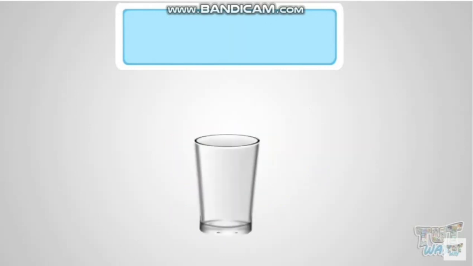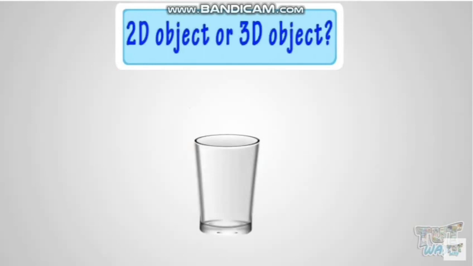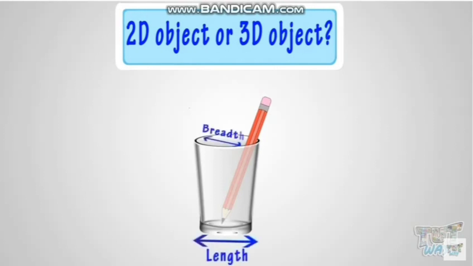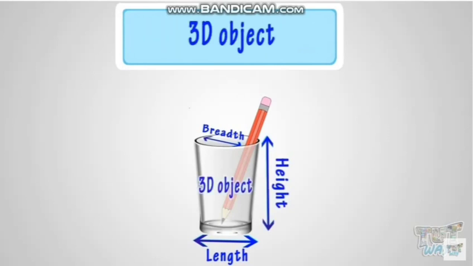Is it a 2D object or a 3D object? Can we put something in this object? Yes, we can put something in this object. How many dimensions does it have? It has length, breadth, and height. So it's a 3D object.